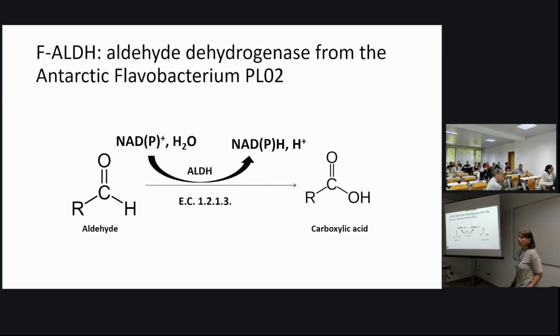The enzyme that we use to determine these compounds is a new enzyme that was isolated from an Antarctic bacterium. But as with all aldehyde dehydrogenases, the reaction that it catalyzes is the conversion of aldehydes into carboxylic acid. To do this, it needs a cofactor, which is called nicotinamide adenine dinucleotide.